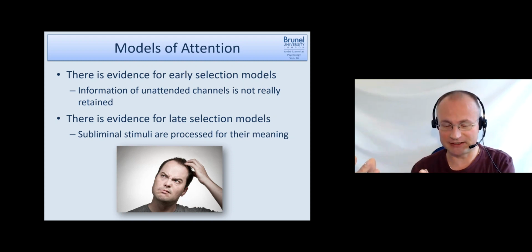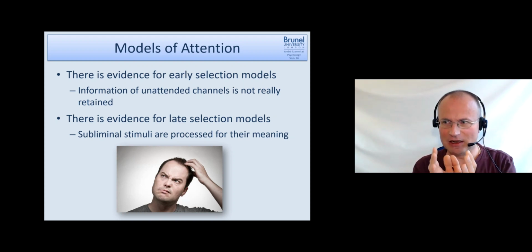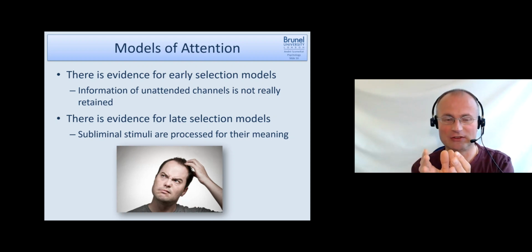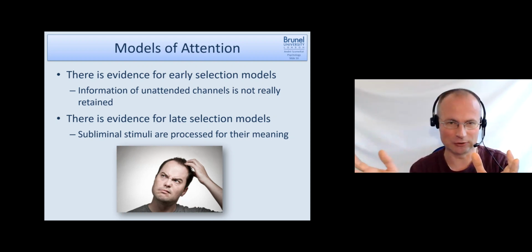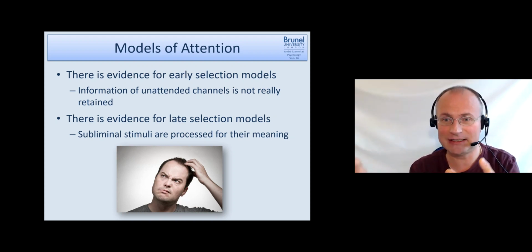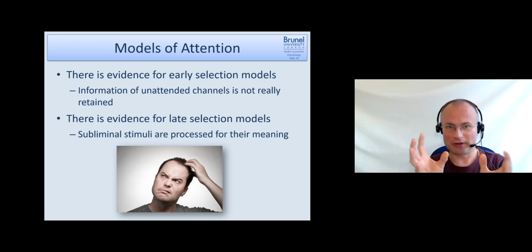Then you get new data, which again doesn't fit. Sometimes you have a line of models, these early selection models, which you try to fine-tune, and at the same time in parallel you have a second line of models like the late selection models, and then they are in competition with each other.